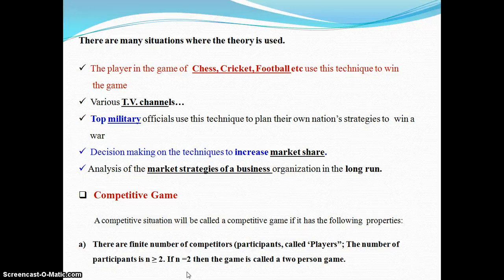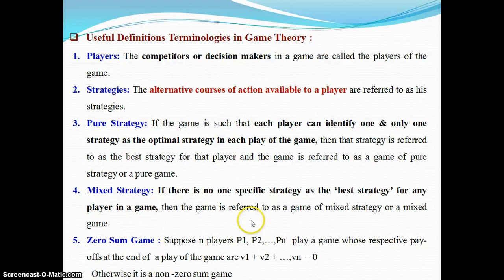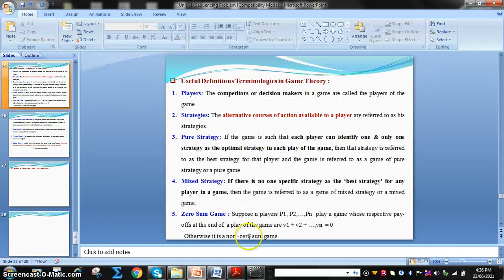Next, after all participants have chosen a course of action, their respective gains are finite. And last one, the gain of the participants depends on his own action as well as those of others. So these are some properties of the competitive game.